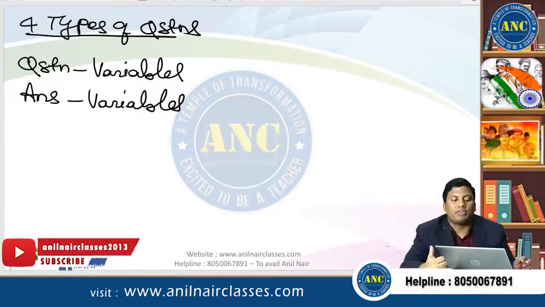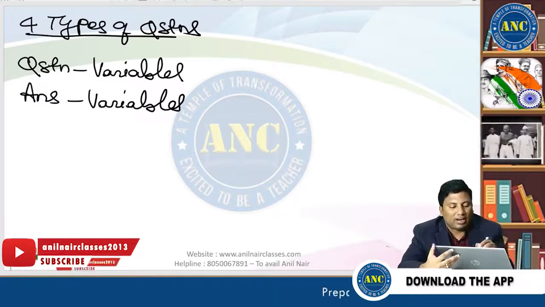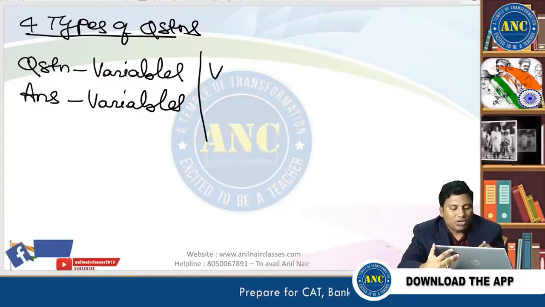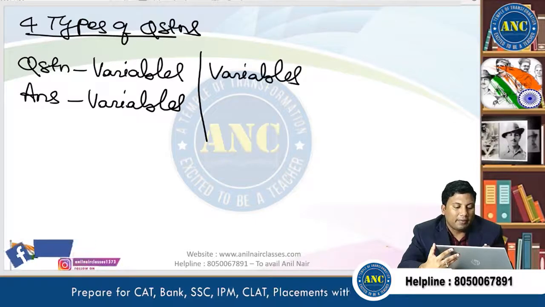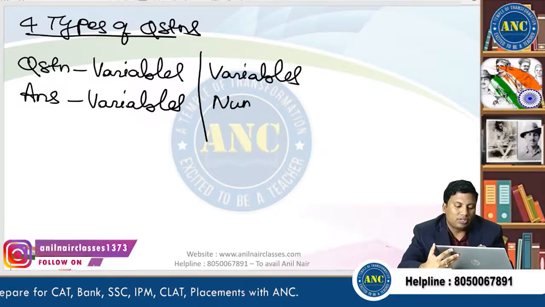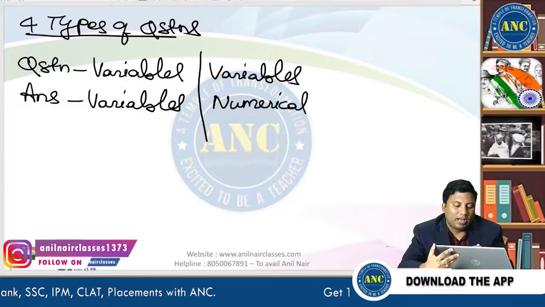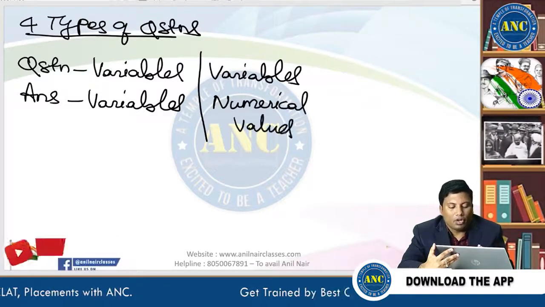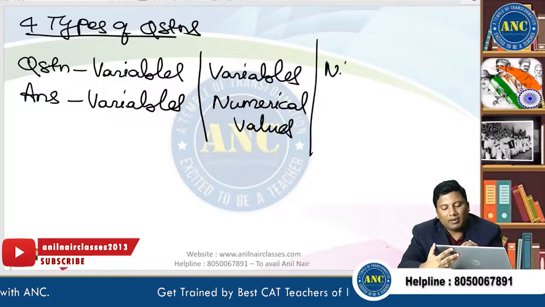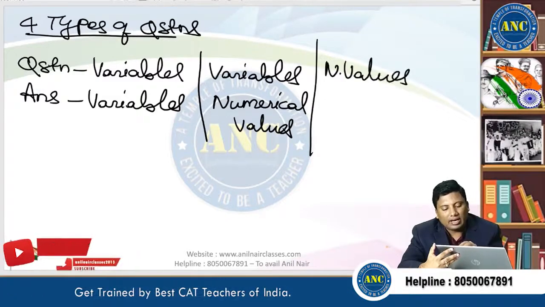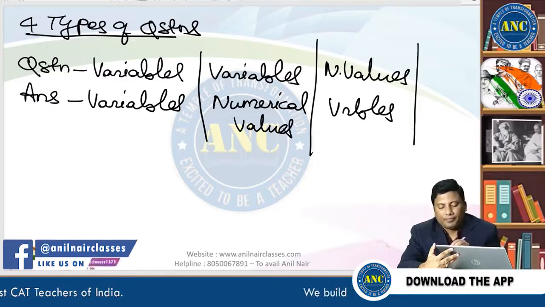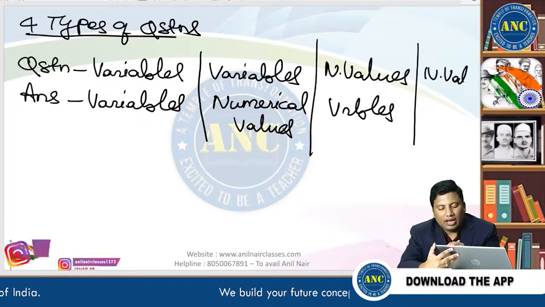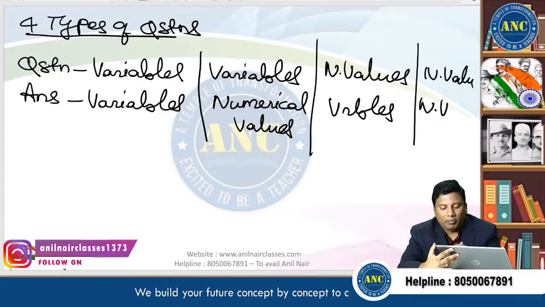Here the think without ink logic will work, right? Then question contains variables, answer contains numerical values. Question contains numerical values, answer contains variables. Question contains numerical values, answer also contains numerical values.